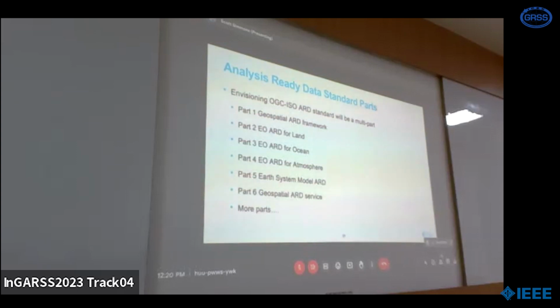So part one, the hardest bit of that effort right now, and where the most discussion is occurring, is getting a container generic enough to handle any type of spatial data, yet specific enough to actually work. Because a standard can be written so generically to handle anything that no one can implement it.